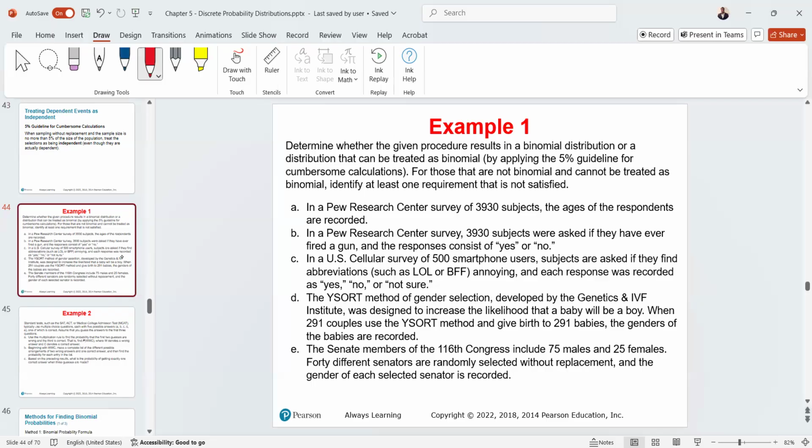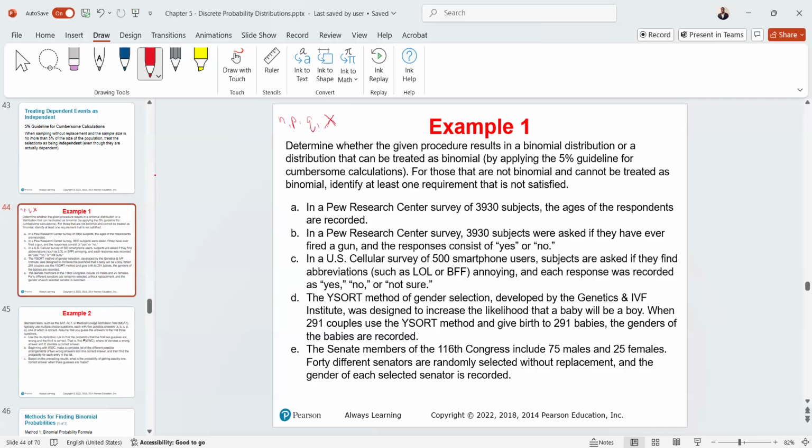So remember, in order to be a binomial distribution, you should be able to identify N, P, Q, and X, and N is the number of trials, and each trial is independent from each other. You know, the probability of success is the same for each trial, so you need to verify that.